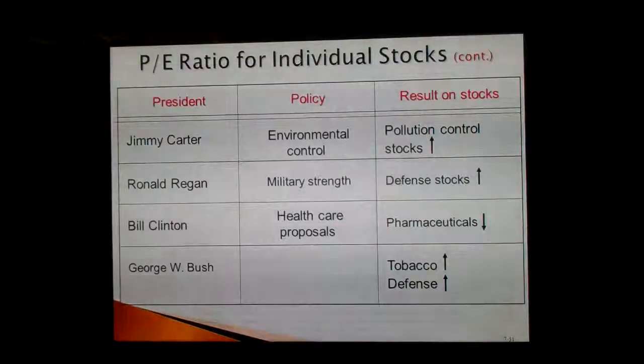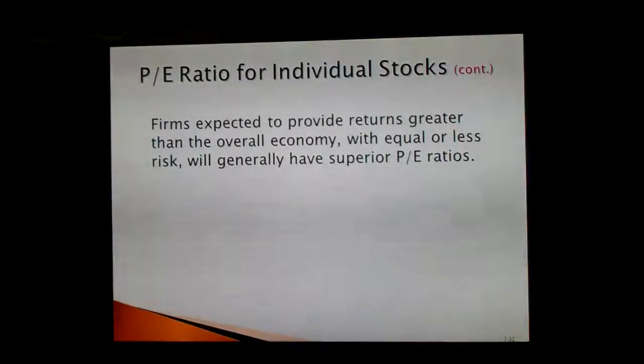Under Reagan, defense stocks went up, right? Under Bill Clinton, pharmaceutical went down. Why? Because maybe he put price caps on the product, the regulation that was bad. And then under the other Bush, big increases for defense firms, right? Why? There's another war, right? So, just different examples of how P/E ratios can be affected.